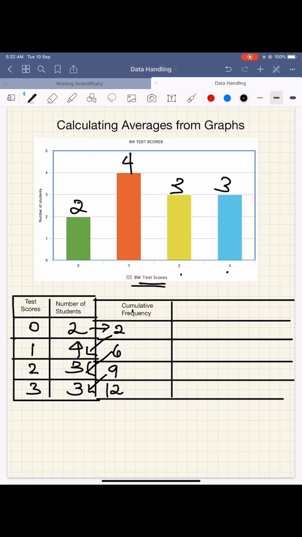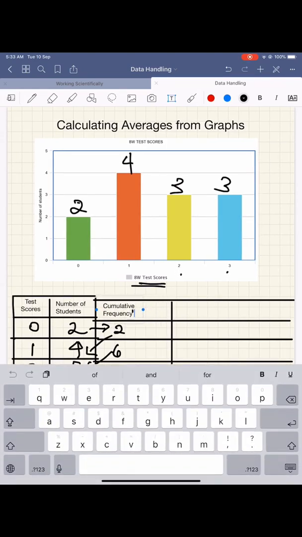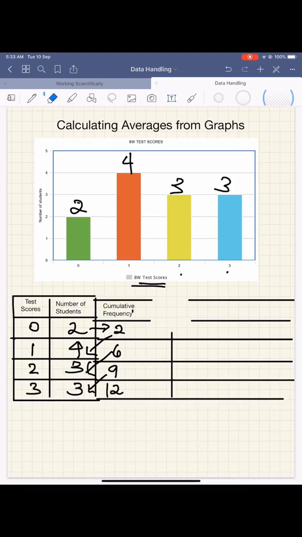This one is too big, so let me just move this so we have more space. And I'm going to erase this one. Oops, too big. So after cumulative frequency, what do we do next?